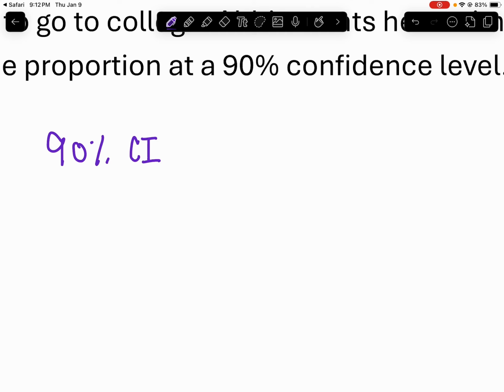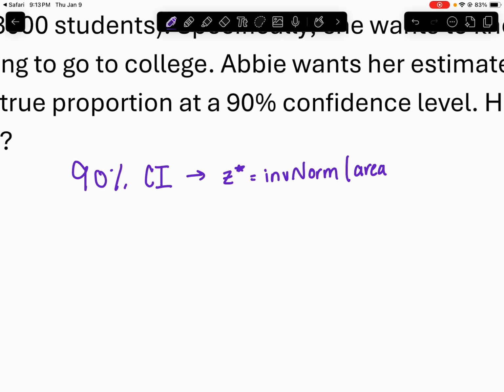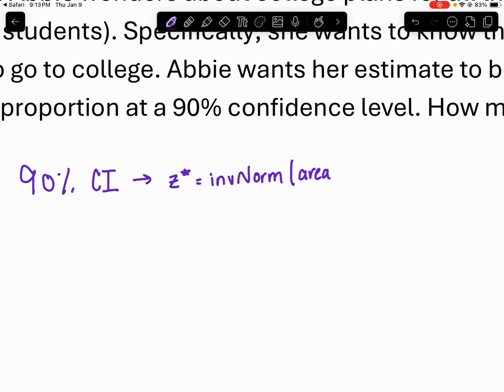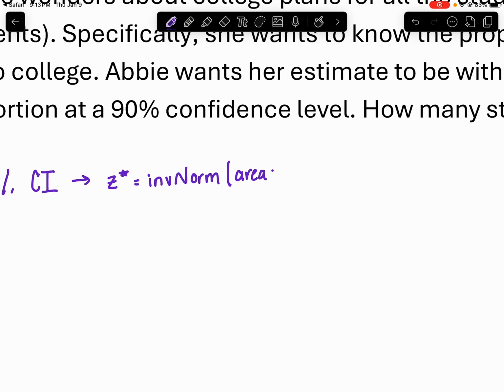Okay, so with a 90% confidence interval, we need to find our z star value. So to do that, we use inverse norm to find that area. Since it is 90%, that means 10% on both sides, so 5% on one side. So the area is 0.05. Our mean is 0.